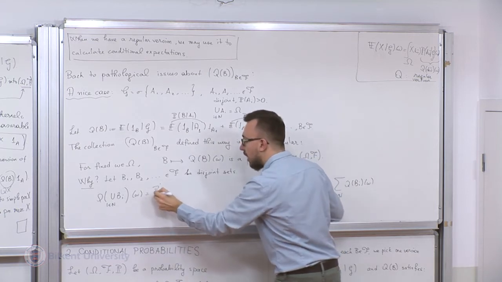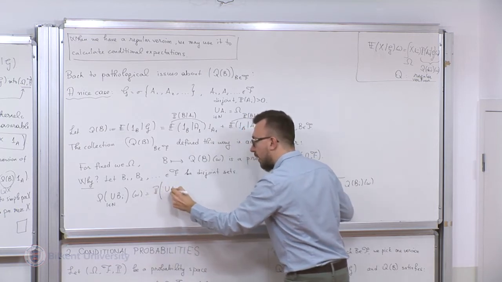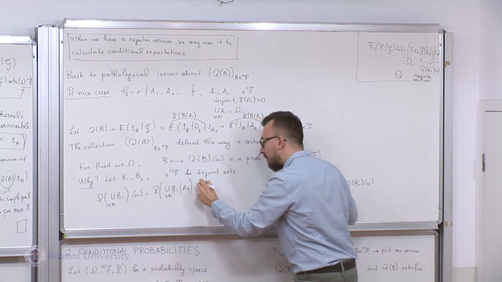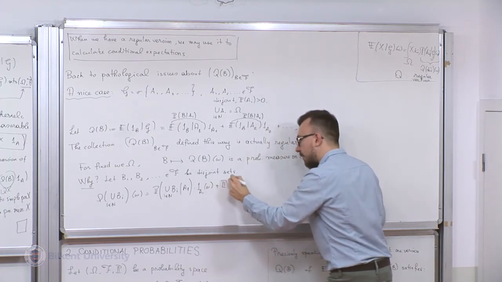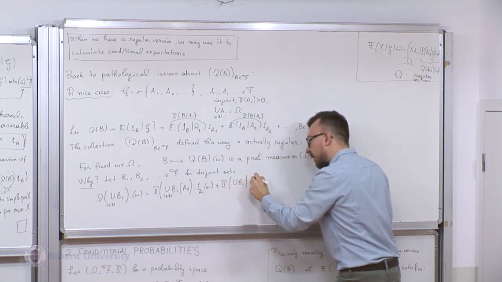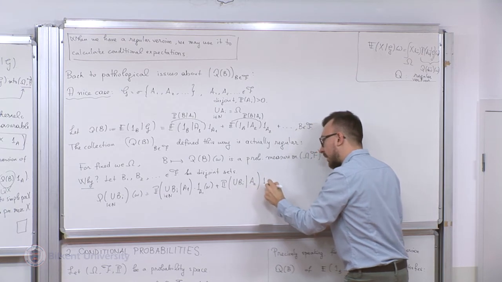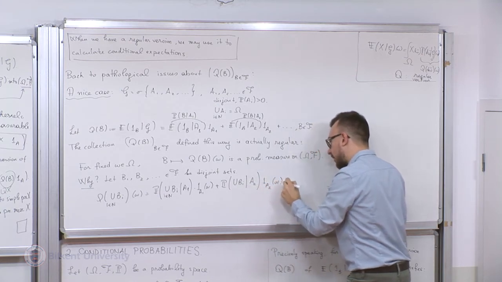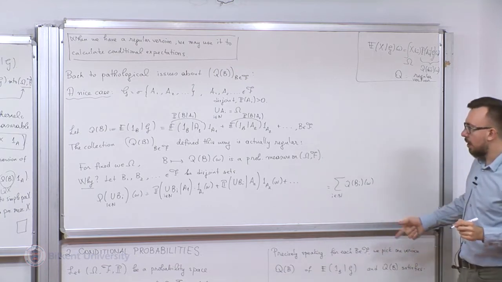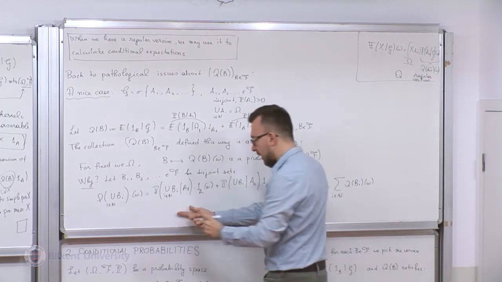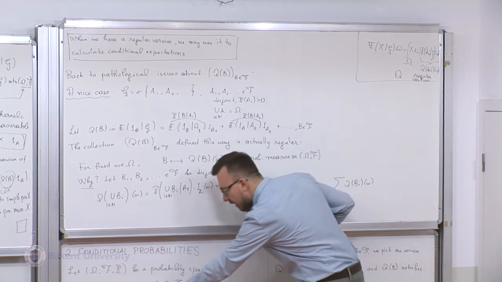So this is the conditional probability of the union given A1 times indicator A1 at omega, plus the conditional probability of the union given A2 times indicator A2 at omega, etc. So now what is this?